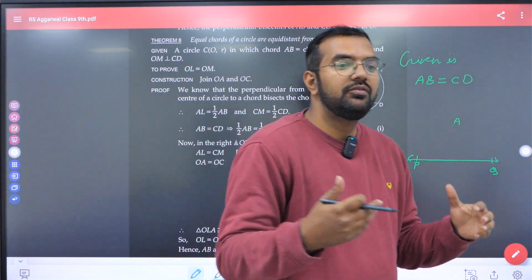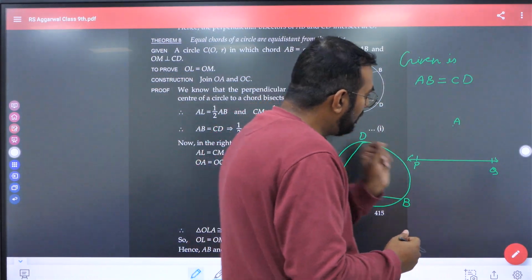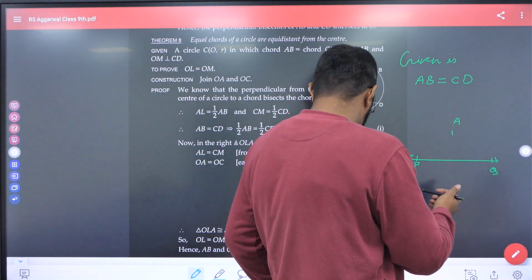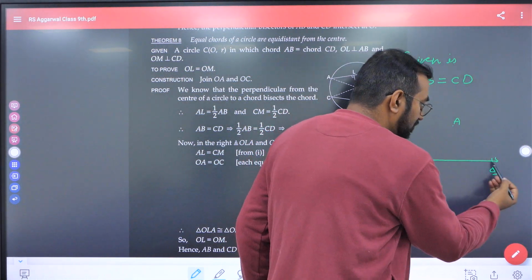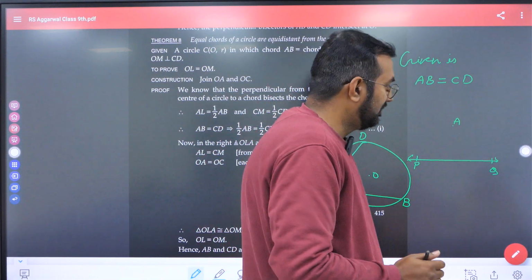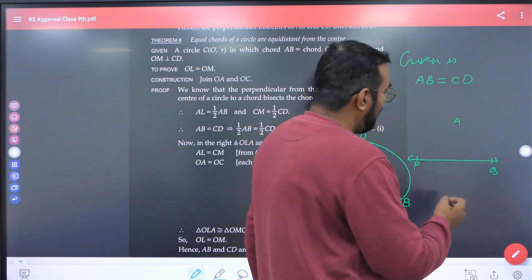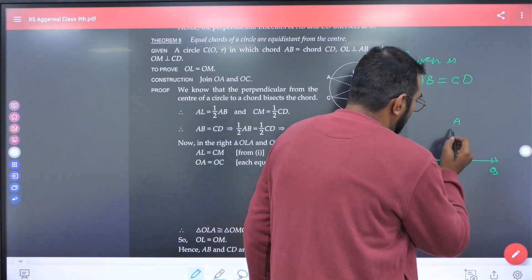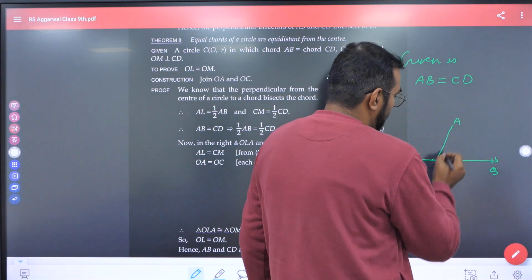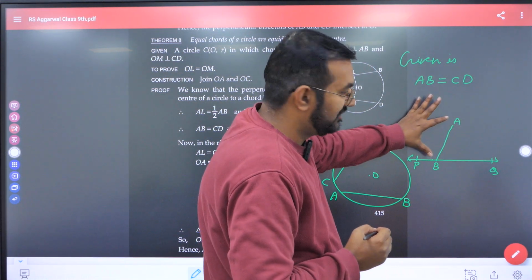Then how will you find it? First of all, you will draw a line segment from this point to this line, and then you will measure the length of that line. For example, suppose one of you draws a line from A to here, this AB, and says this one is the distance.